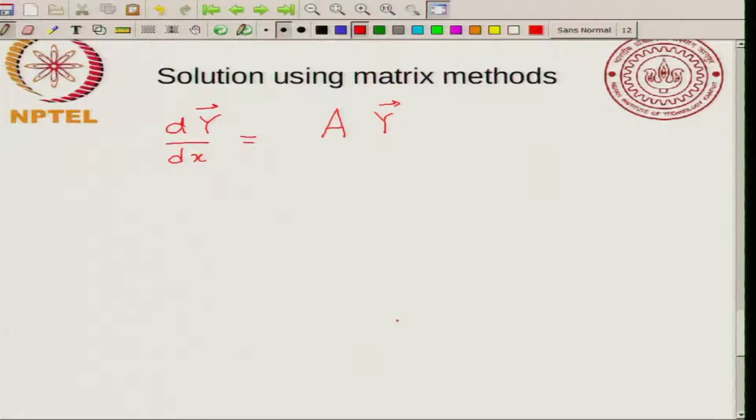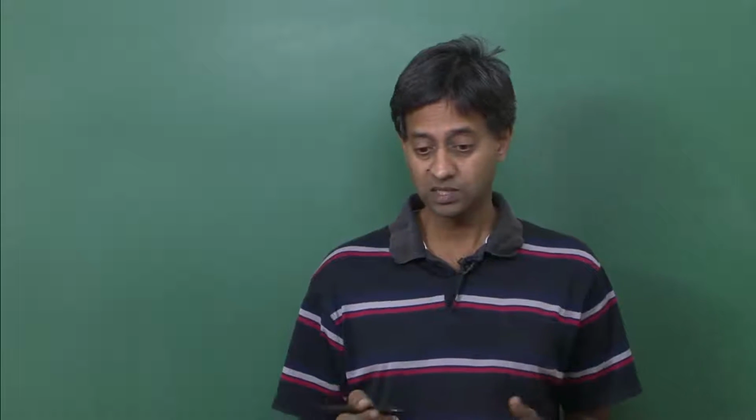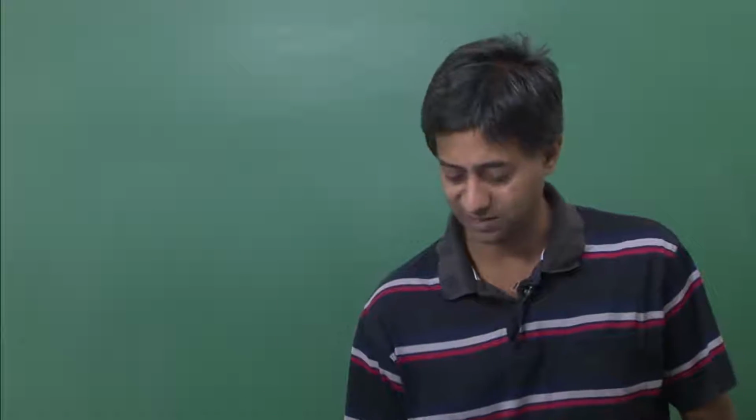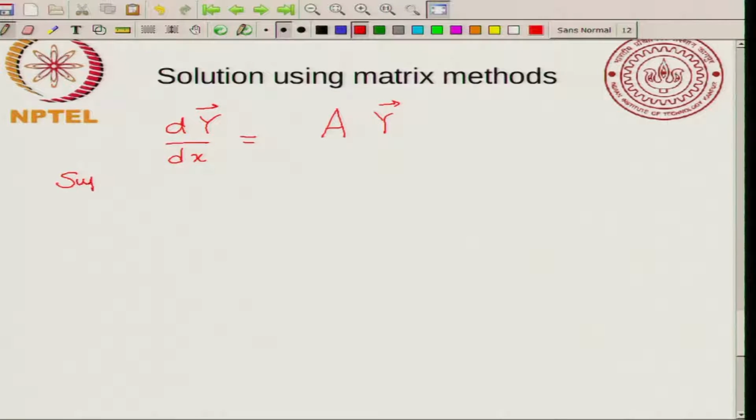Now, one of the things I had said when we discussed matrices is that one of the most powerful techniques in matrices is that of finding eigenvalues and eigenvectors. Okay. So, suppose we find eigenvalues and eigenvectors of A. What do you mean by finding eigenvalues and eigenvectors?